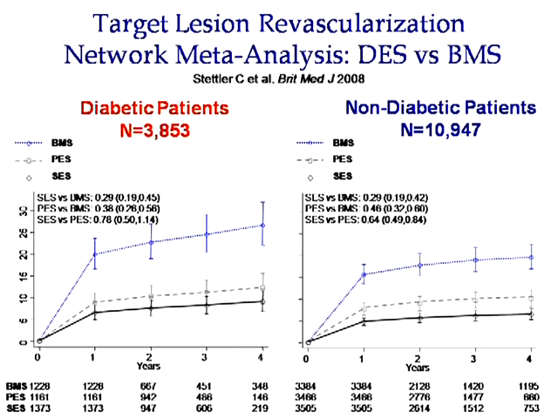In diabetic patients with bare metal stents, the restenosis rate at 4 years is as high as 25%, 1 out of 4. And this is reduced significantly to around 15% at 4 years. It is reduced to less than 10% if you use drug-eluting stents.